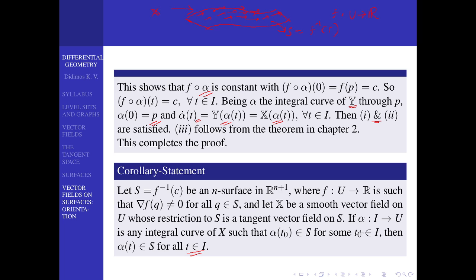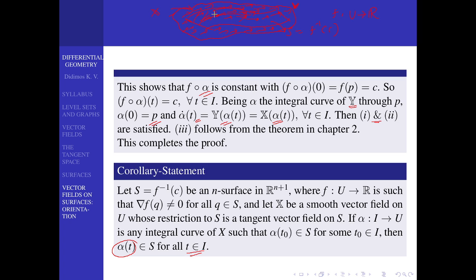Then, if alpha from I to U is any integral curve of X, that means if you consider any integral curve through this point, and this integral curve enters the surface at some point, we can say that the whole portion of that integral curve is contained in S. Once you consider a surface here, and alpha is any integral curve of this X, we are considering X on an open set V. I take the domain of X as V, so we need to consider a vector field at all the points of V. But when you restrict this vector field to S, that is a tangent vector field on S. Otherwise we cannot mention the property of X as a tangent vector field.